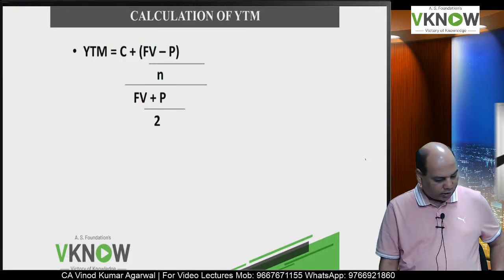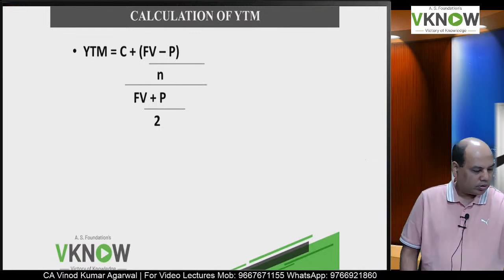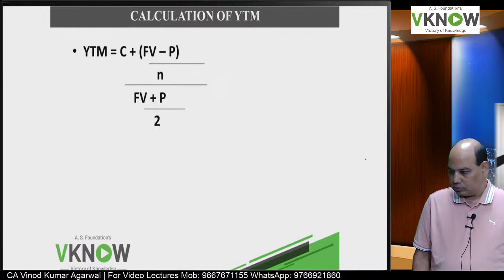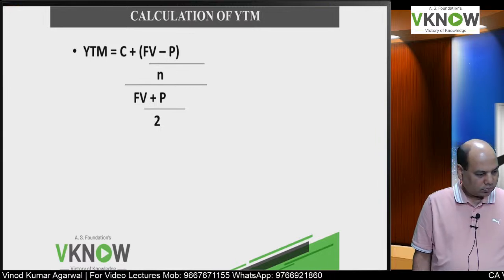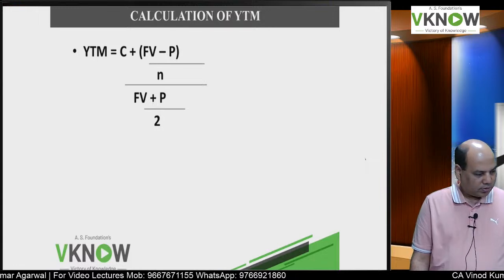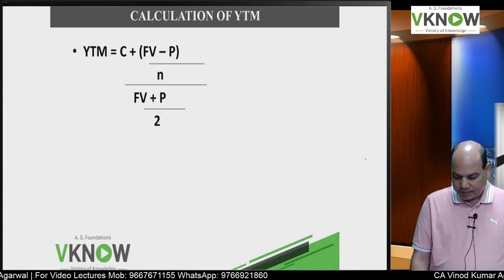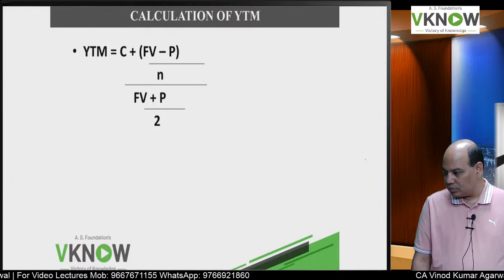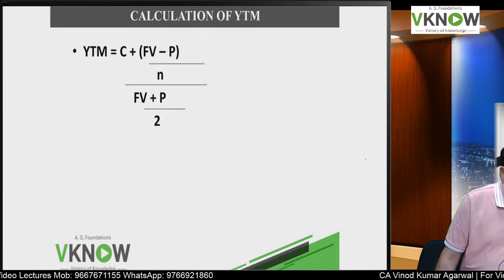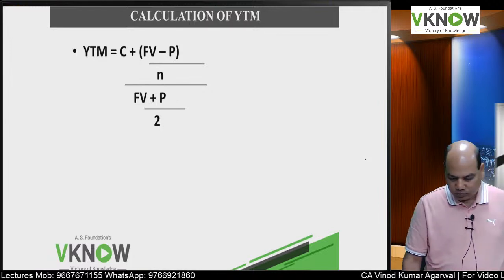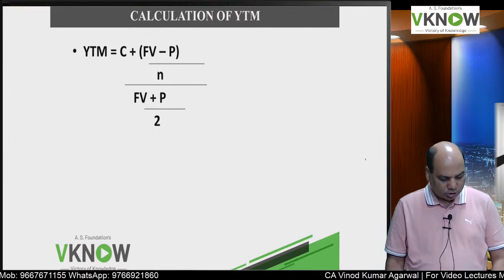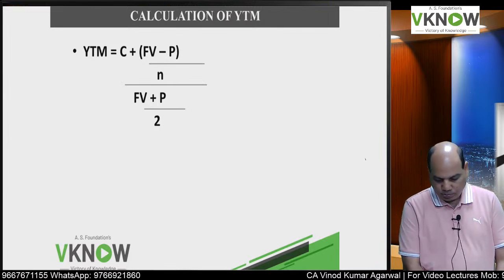So first I will solve YTM. YTM is equal to C plus (FV minus P) upon N, upon (FV plus P) by 2.